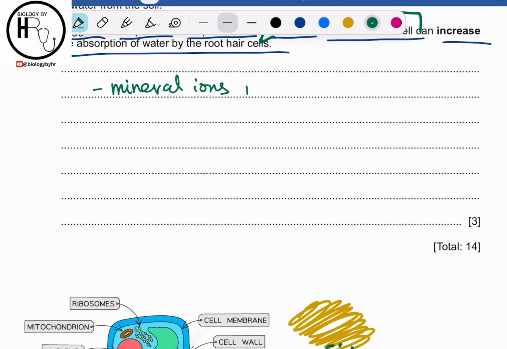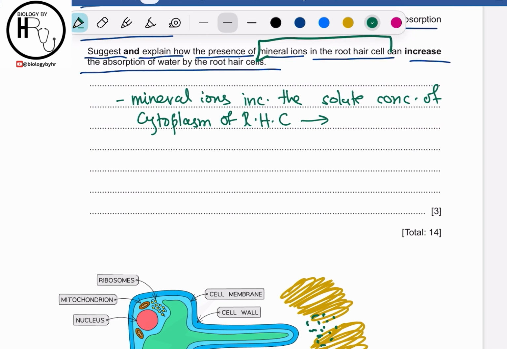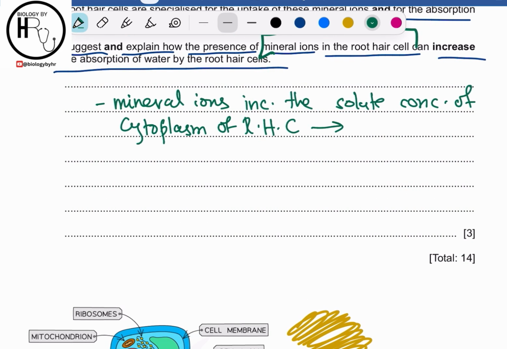Mineral ions increase the solute concentration of the cytoplasm of root hair cells, and as the solute concentration of the cytoplasm of the root hair cells increases, simultaneously the water potential of the cytoplasm of the root hair cell decreases, right?